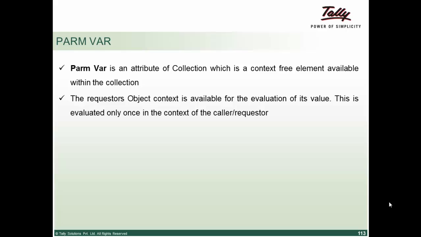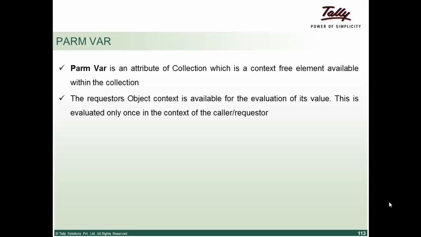So, although it is a variable, it is not related to the values available within the collection. It is related to the requester object context that is available for evaluating the values. Places where we could use $$Owner or $$Object is where the parm var is utilized.